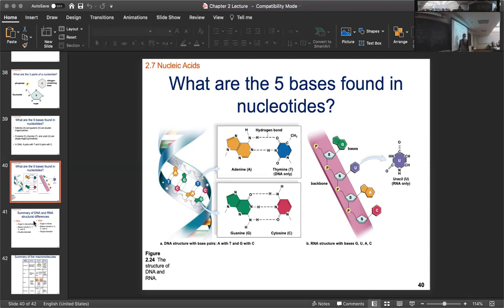There's no T's present in an RNA. And we'll talk a little bit later in this class about how DNA is related to RNA. But remember, what we're talking about today is macromolecules. The 4 macromolecules are carbohydrates, lipids, proteins, and nucleic acids. This is a nucleic acid. It's made up of a phosphate, a sugar, and a nitrogen-containing base.